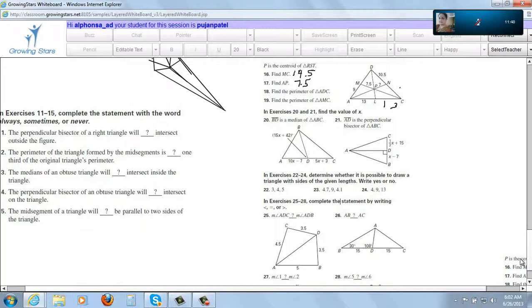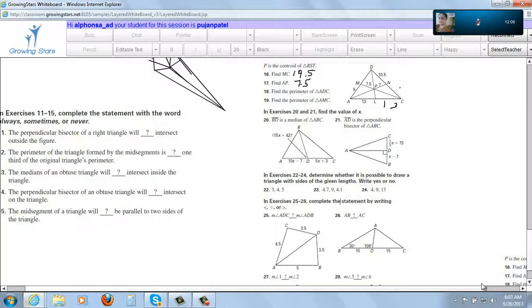Both of these will lie outside the obtuse angle triangle. But in an acute angle triangle, they will lie inside the triangle.